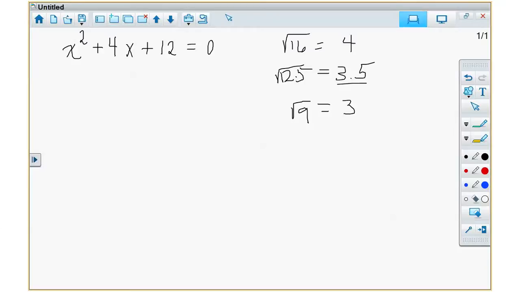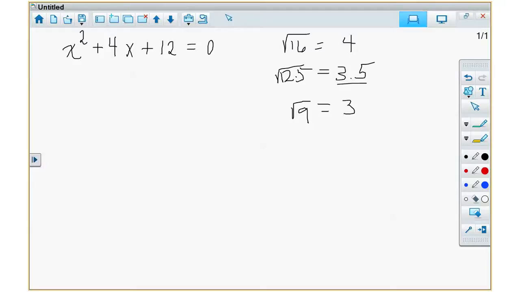Okay. Now don't forget, right here you can get your vertex. What's the vertex? Vertex is -2, 8. Positive 8. There's your vertex. So now you can sketch it. So right quick, take this guy. What's your y-intercept? 12.